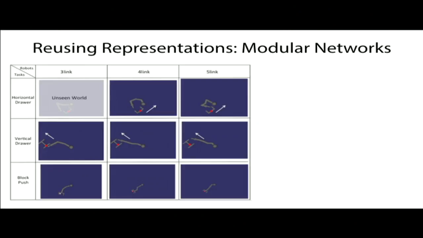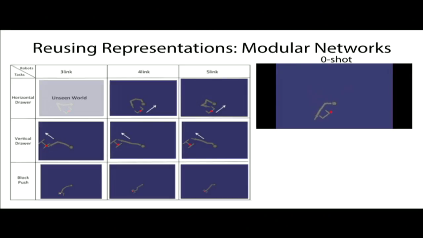They also trained this on a set of harder tasks. In this case, the tasks were pulling a drawer to a target location and pushing a block to a target location, and they used 3-link, 4-link, and 5-link robots. They trained on 8 combinations and tested on the held out combination. In 0-shot, it wasn't able to perform exactly well, but the initialization was a good initialization for the task.